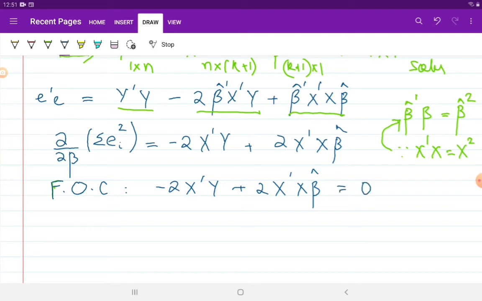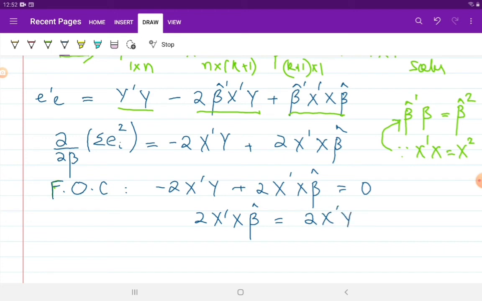Taking the term to the right hand side so that both sides become positive, you can write this as 2 times x transpose x times beta hat is equal to 2 times x transpose y.